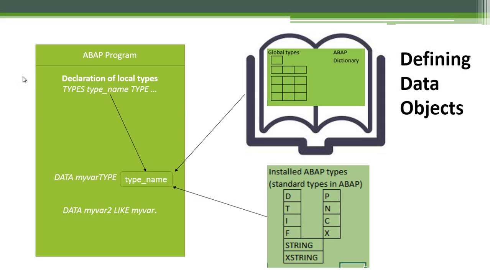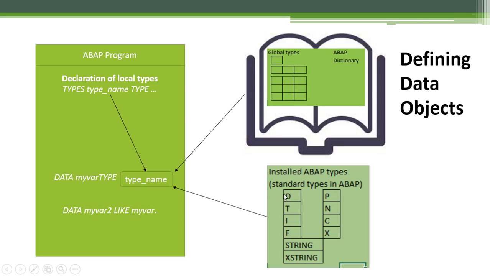Defining data objects. Inside an ABAP program, you can declare data objects or declare variables. You can use local types to define the type of a variable. You can use global types stored in the ABAP dictionary to define the type of a variable, or you can use the built-in ABAP types.